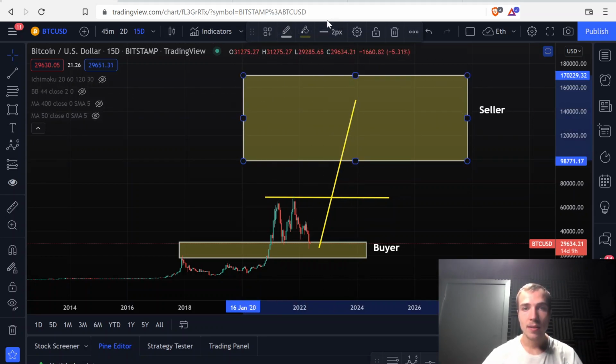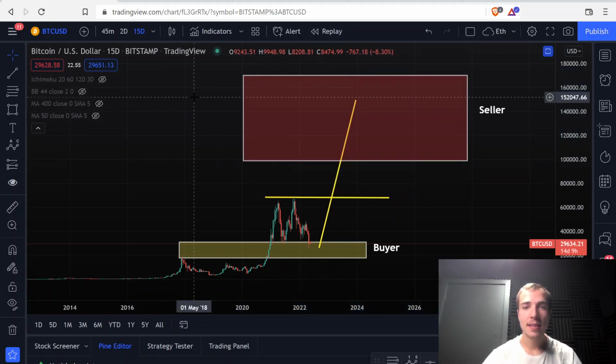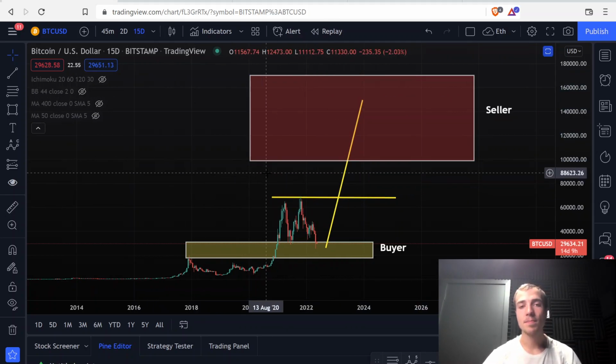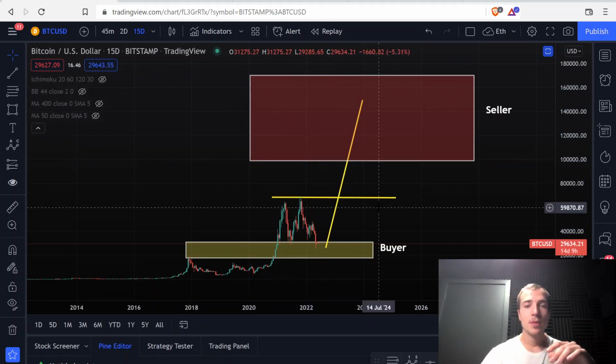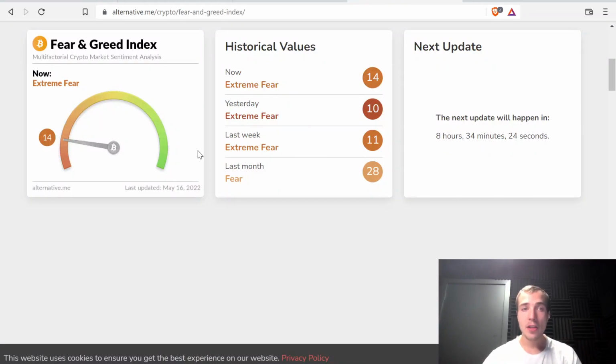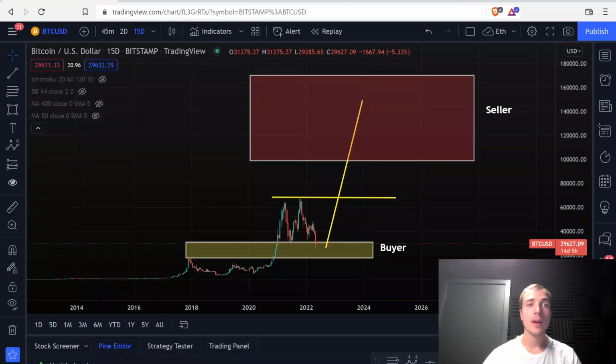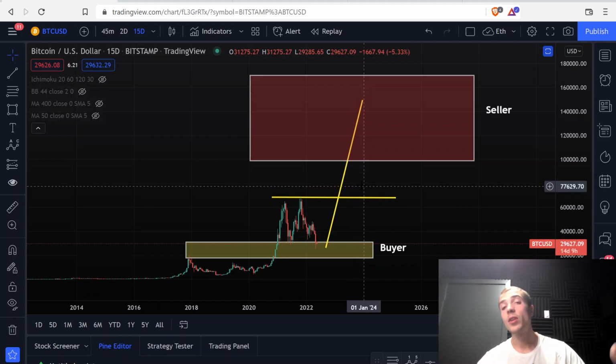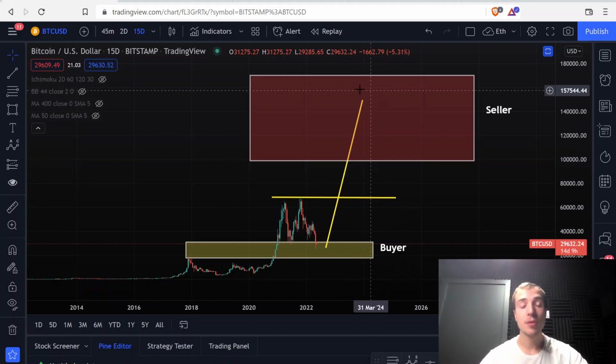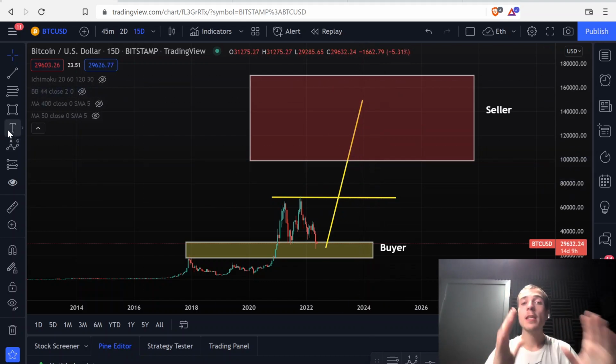I can take this one, and if we want to make it red, so you know that it's a seller. So if you're buying while things are undervalued or people are in extreme fear, and then you're selling while things are overvalued or extreme greed, that is a very simplified process for understanding the movement in Bitcoin.